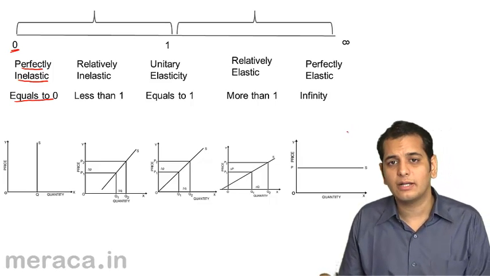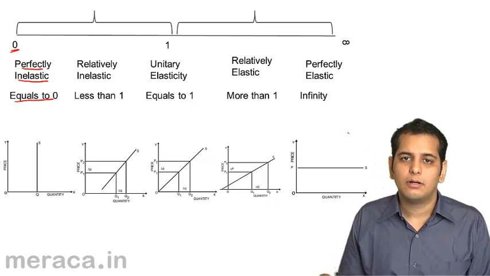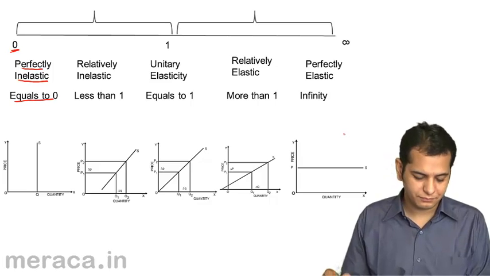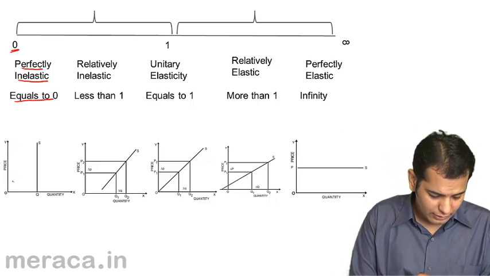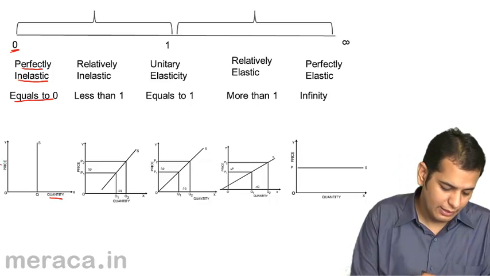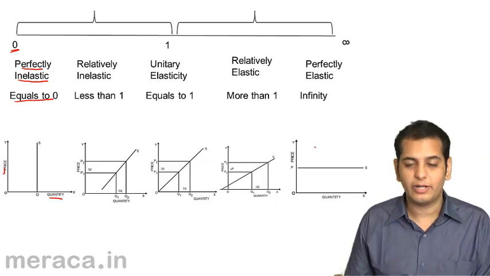Now let's understand how a perfectly inelastic supply curve looks on a graph. This is a graph where on the x-axis we have taken quantity and on the y-axis there is price.